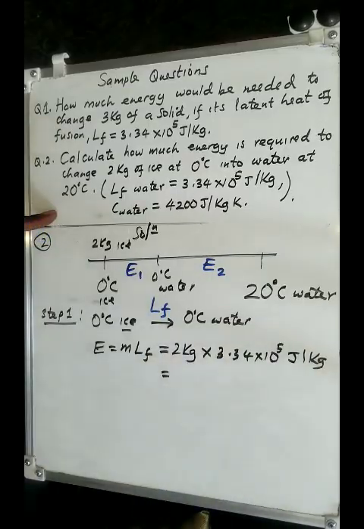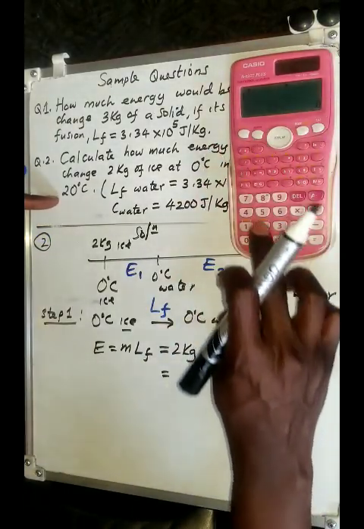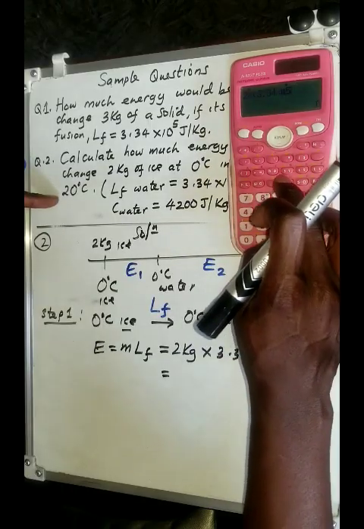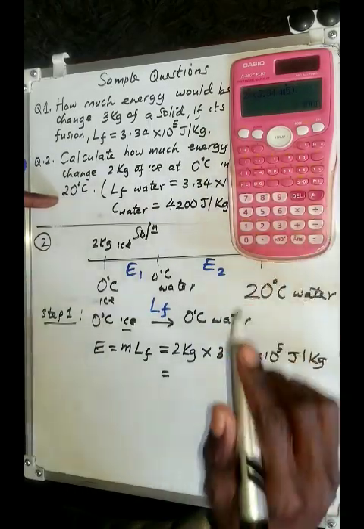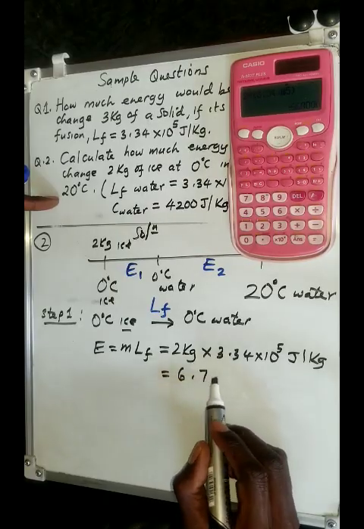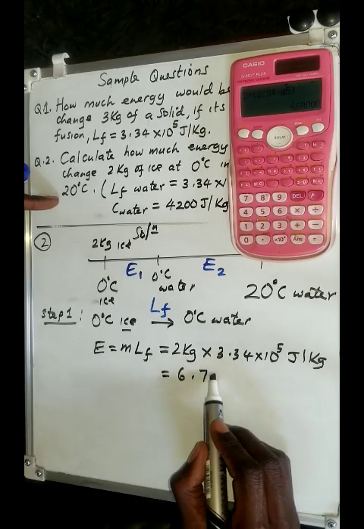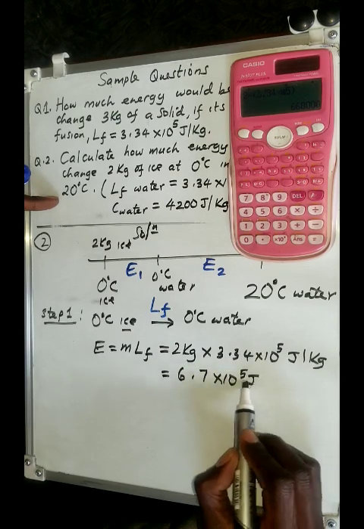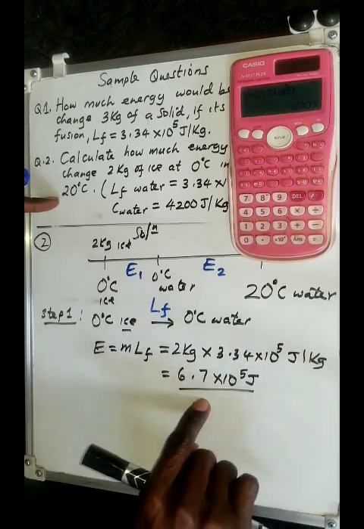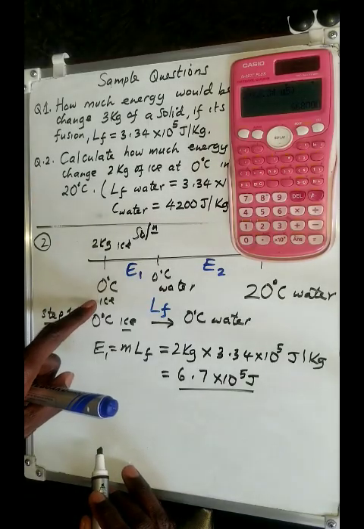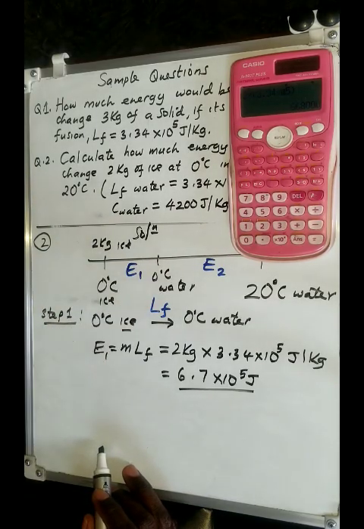If you multiply 2 by 3.34 exponent 5, it is going to give you 6.7 in scientific notation to 1 decimal place times 10 raised to the power 5, and that is going to be in joules. So this is the amount of energy, let me call it E1, needed to change from 0 degrees of ice to 0 degrees of water.